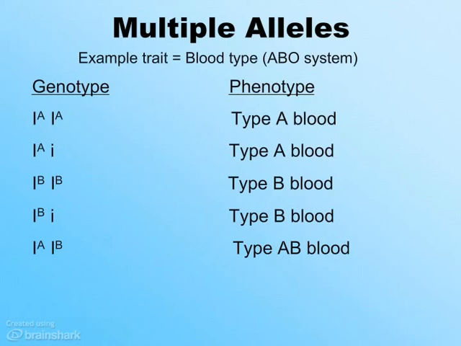So type AB blood is a good example of codominance. Lastly, we have the homozygous recessive individuals who lack instructions to make either the A or the B antigens, so they're going to be type O blood.